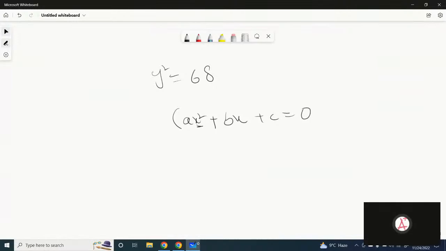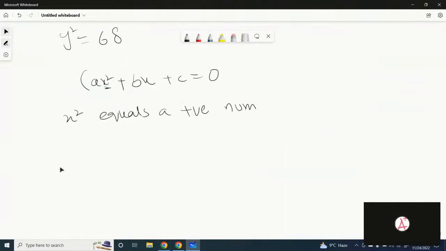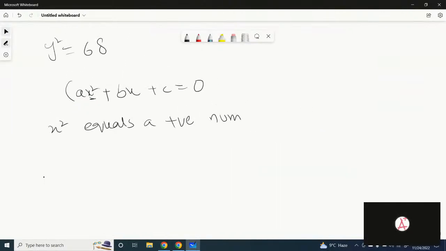If the x square equals a positive number, that means there are two solutions. If the x square is 0, that means there is one solution and the solution is 0.